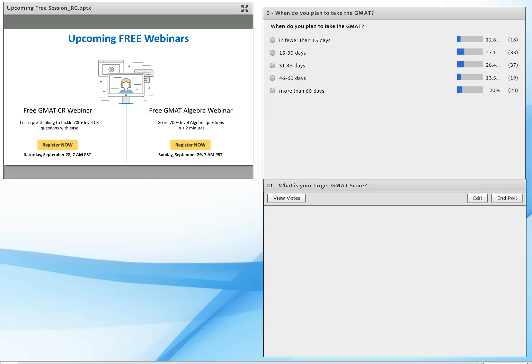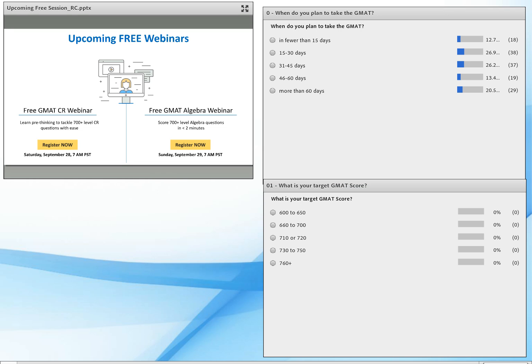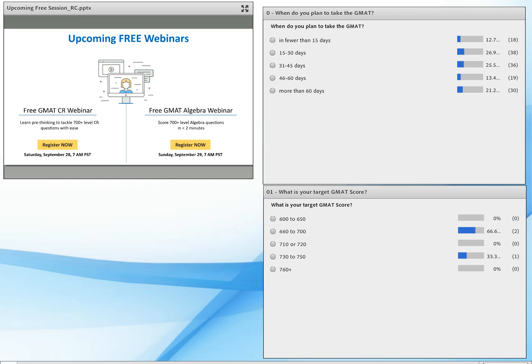One other data point is, what is your target GMAT score? Let's see what scores this group is aiming for. All right, I have about 70 odd responses.